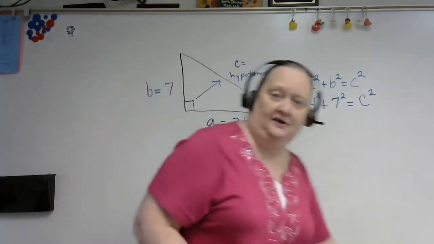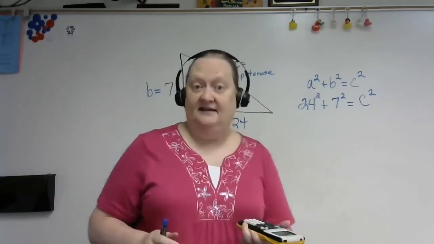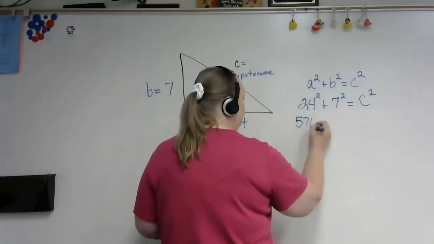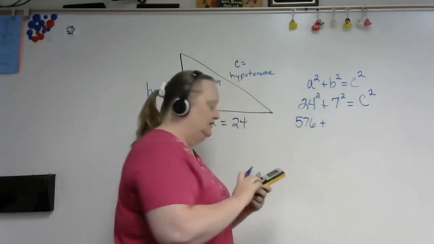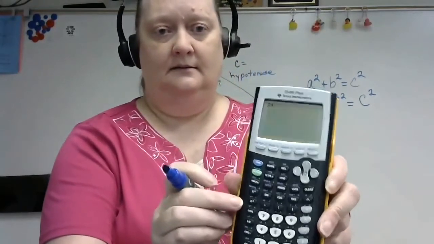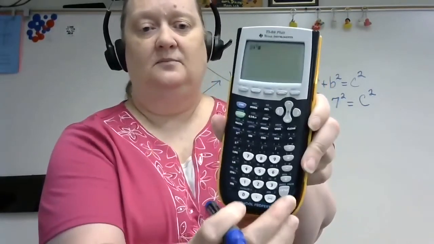Using your calculator, no, we don't expect you to know these. We get 24 squared is 576. You can do that simply by going 24 and then pressing the squared button here, and then pressing enter.